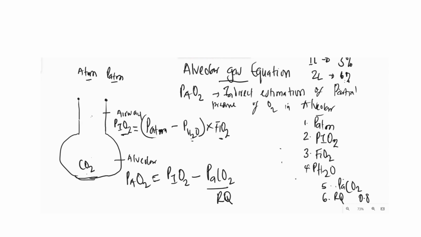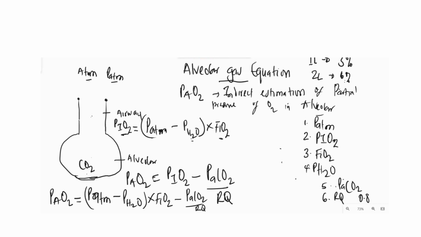So if we want to express our formula, we can say our capital PAO2, which is the partial pressure of oxygen in the alveolar, will be equal to atmospheric pressure, or barometric pressure, minus the water vapor pressure, in brackets, multiplied by our FiO2, minus PaCO2 divided by the respiratory quotient. So this is basically our alveolar gas equation.